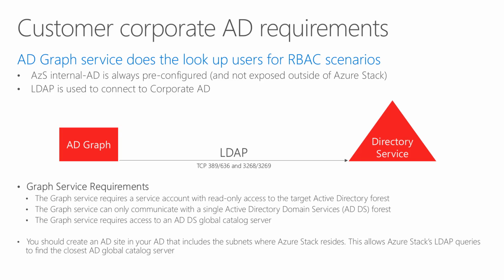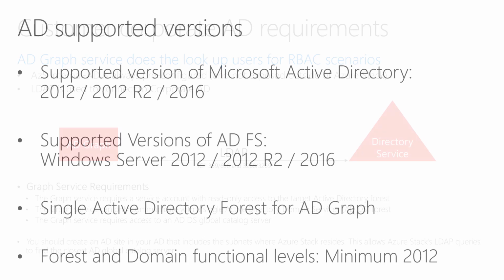AD Graph uses the LDAP protocol to look up users in the existing ADDS for us, and it uses some standard ports of TCP 389, 636, 3268, and 3269, but LDAP is currently not supported. There are user accounts that are going to be needed to run the AD Graph, and this user requires read permissions to whatever directory service you're going to be using for the authentication process.